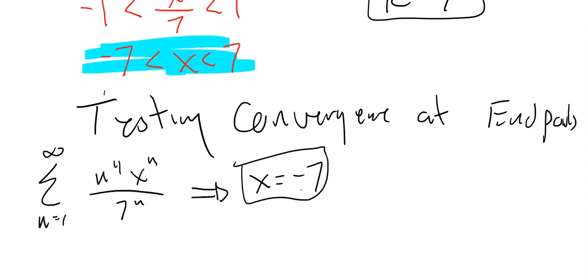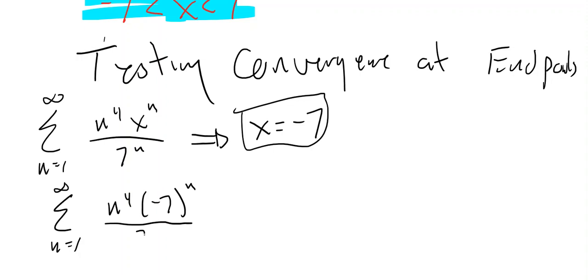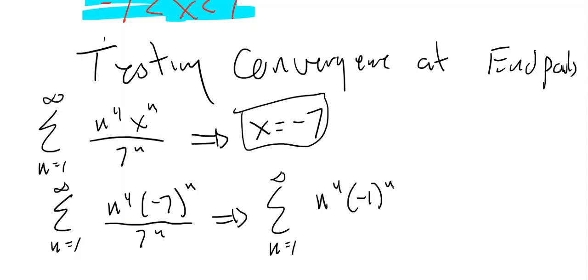So when we put in x equals negative 7, we're going to have a series that looks like this: n to the fourth, negative 7 to the n over 7 to the n. Well, that can be rewritten as n to the fourth times negative 1 to the n times 7 to the n all over 7 to the n.